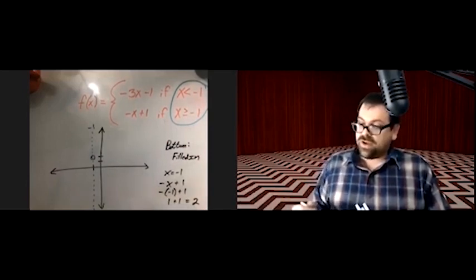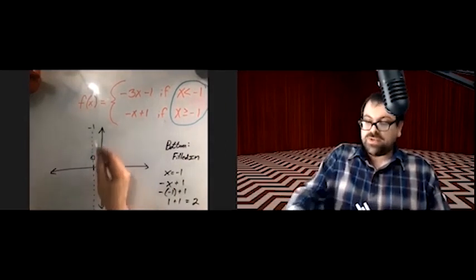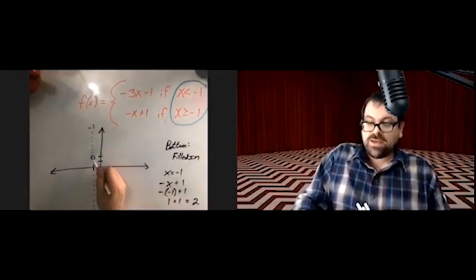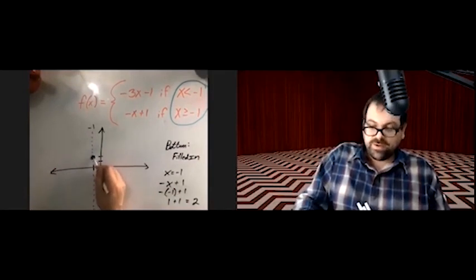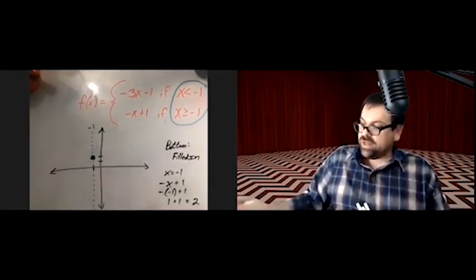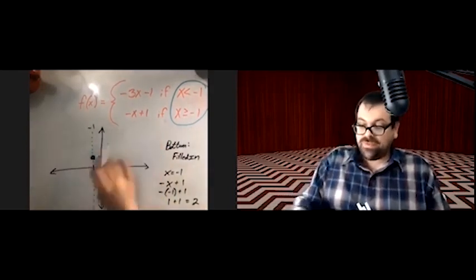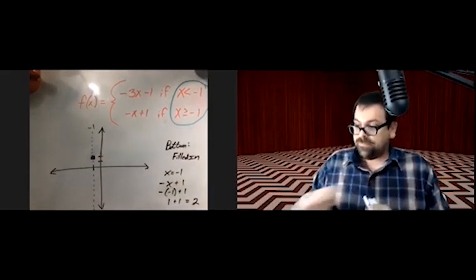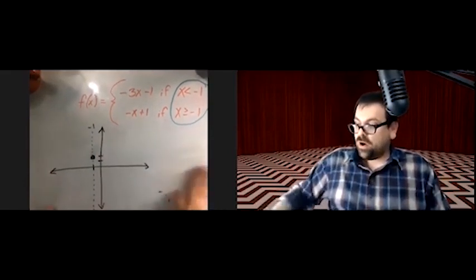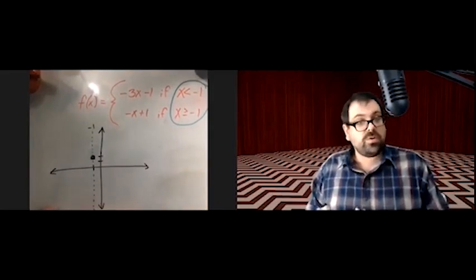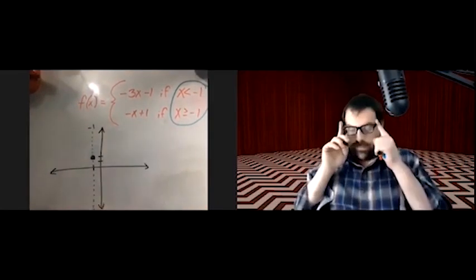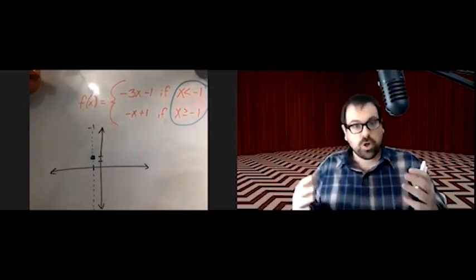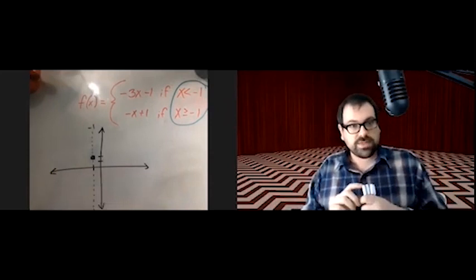So here I also have the y value of 2. If it was anywhere else, it would just be a filled in circle, but since it's in the same spot, that means we have the same point here. So the filled in circle from the bottom is actually filling in the open circle from the top. Now that we have all of the filled in or open circles on the dotted line, we go left and we go right. We do the correct slopes off of the correct points.